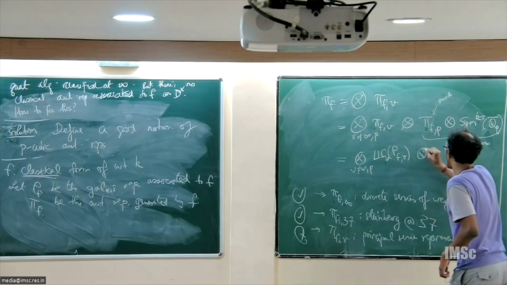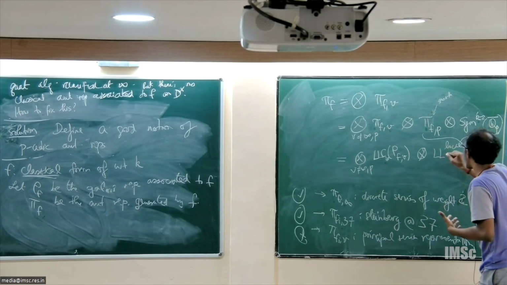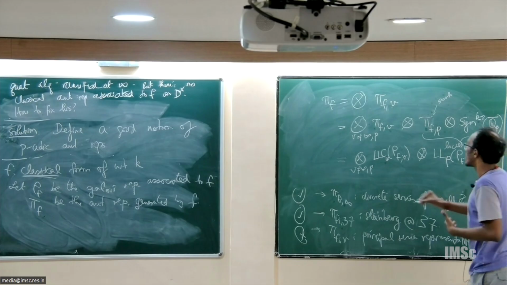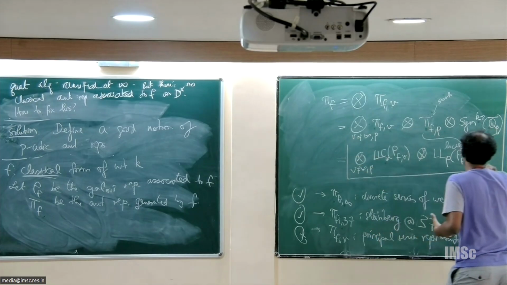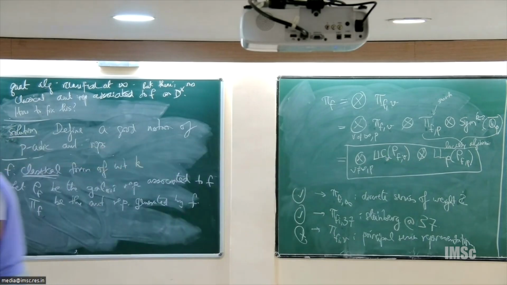And at p, I should take a completion, but it turns out that really what I mean is I should take the p-adic local-Langlands correspondent of rho f at p. Now this is a p-adic automorphic representation associated to the global Galois representation.